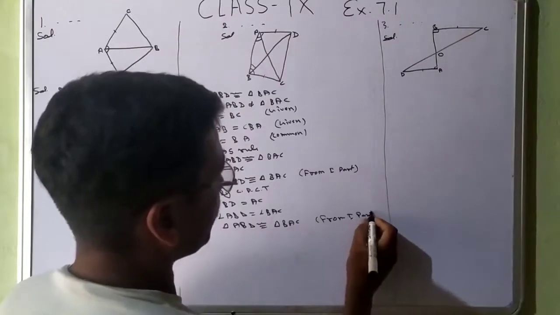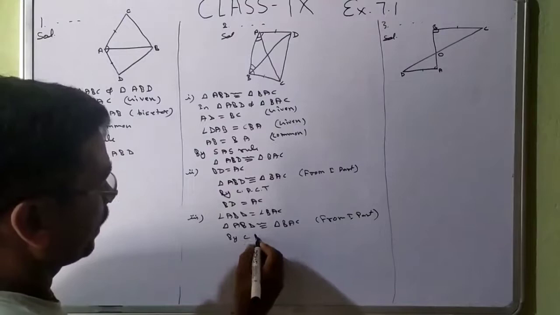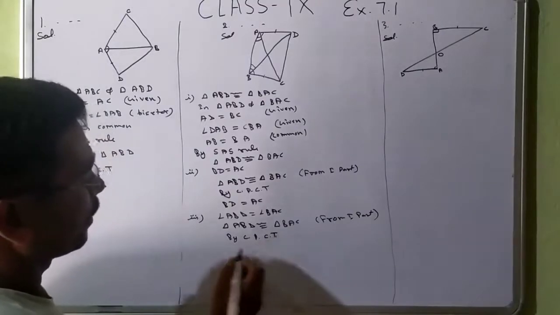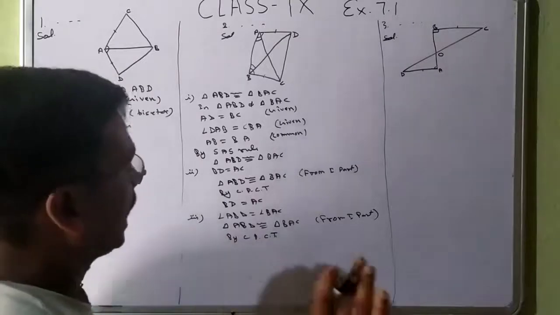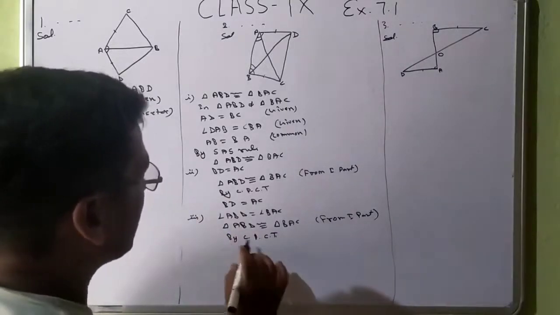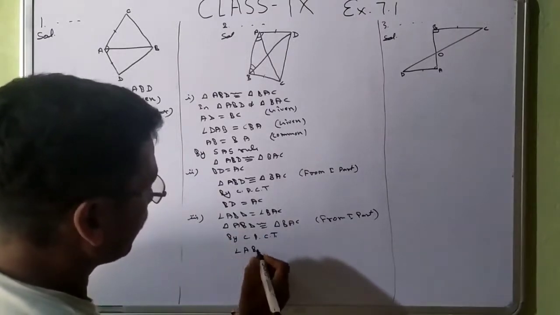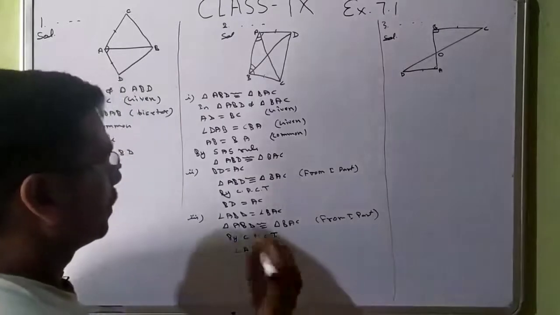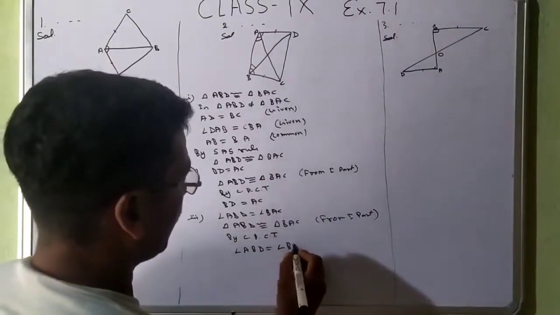We have already proved this one. So by CPCT, corresponding parts of congruent triangles. Again I am repeating, if two triangles are congruent, then we can write by CPCT that both things, either the side or angle, are equal.